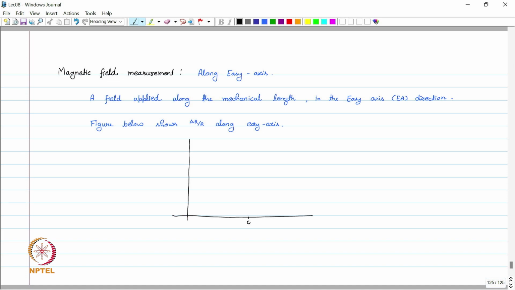So we have, this is the 0 and this is 10, 20, 30, and this is in the reverse direction, minus 10, minus 20, minus 30, and the y-axis is delta R by R.